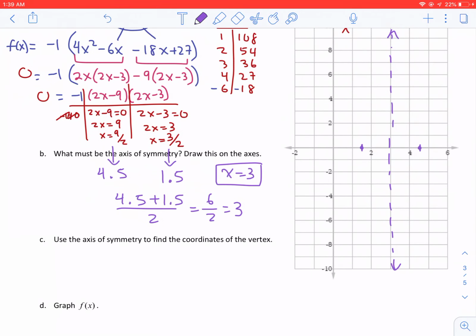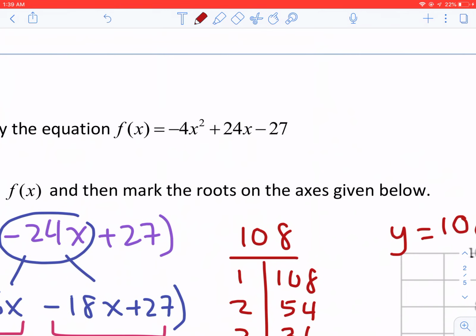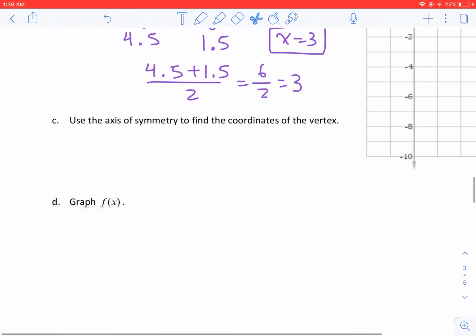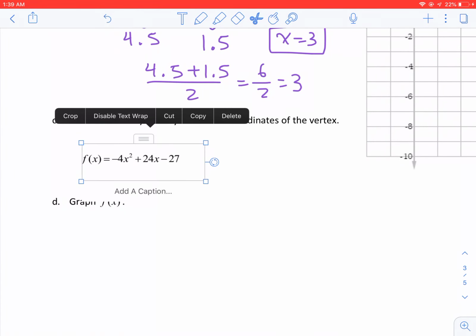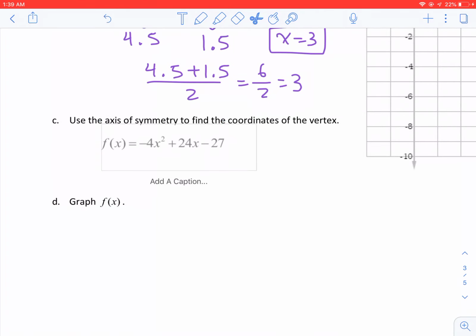And use the axis of symmetry now to find the coordinates of the vertex. So I'm going to plug in a 3 into my function here to see where the vertex is. It's 3 comma what? Alright, so let's paste that in.